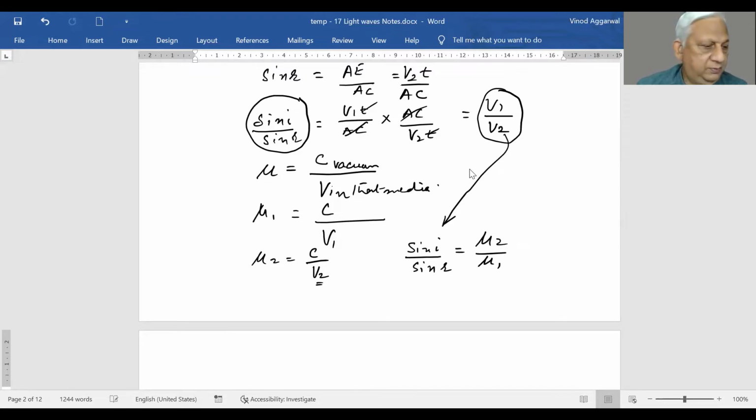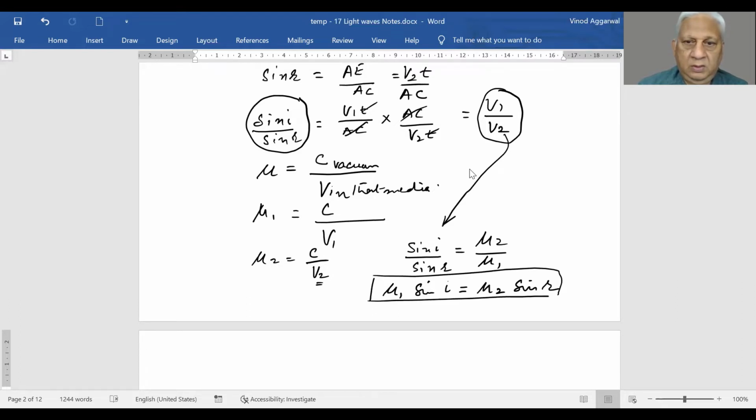Mu2 by mu1, or mu1 sine i is equal to mu2 sine r. This is our Snell's law. Okay.